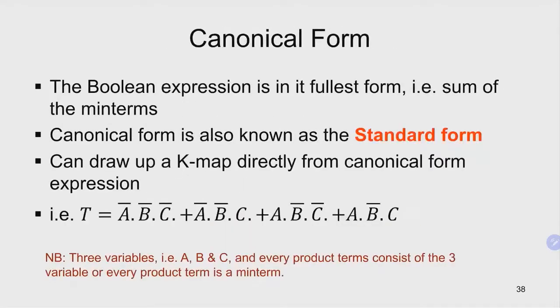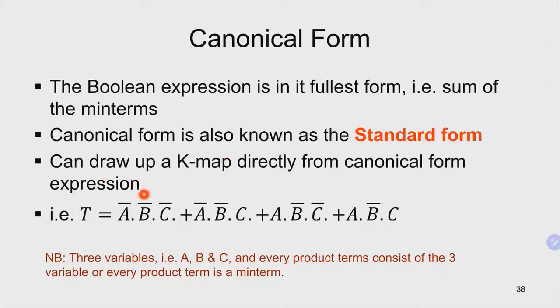So if it's 3 variables, then all the product terms must have A, B, and C in each product term, and that will be in canonical form. In other words, from these expressions you can directly draw up your Karnaugh map.